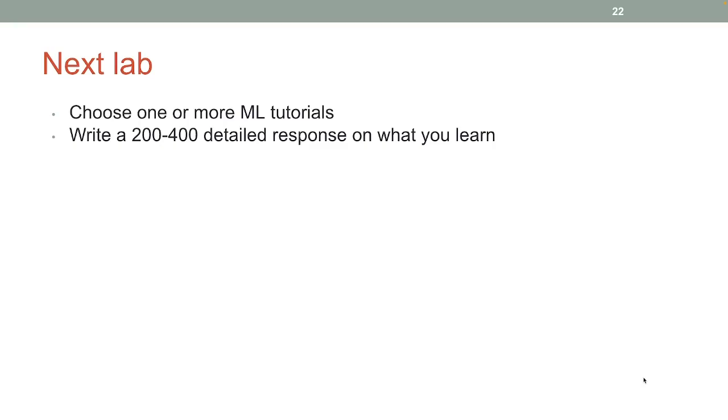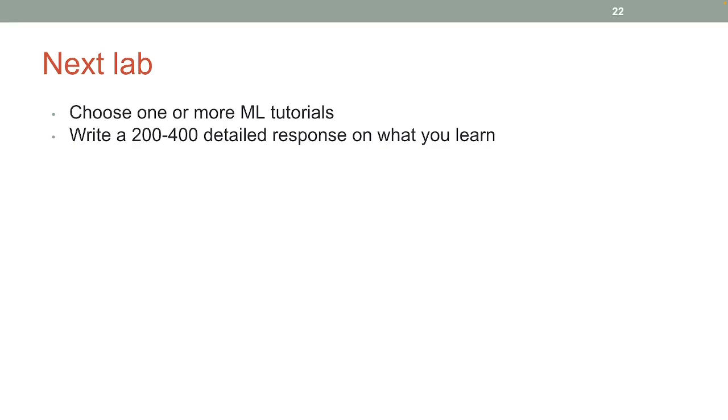Okay, so the next lab is to choose one or more of several machine learning tutorials. I give you 4 tutorials, and you choose one or more, 2 of which deal with sounds, and the other 2 don't deal with sounds.